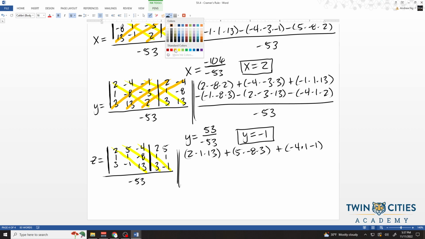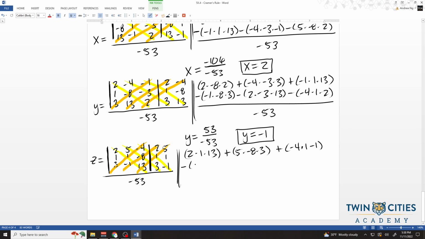Now we have to subtract going the other direction. So that's going to be negative 4, 1, 3, 2 times negative 8 times 1, and then 5 times 1 times 13. Okay, let's write that down.